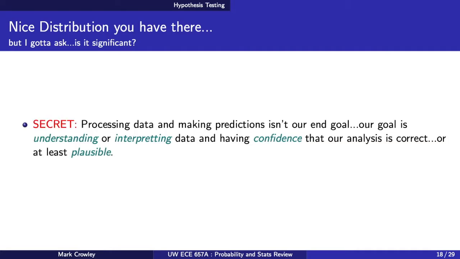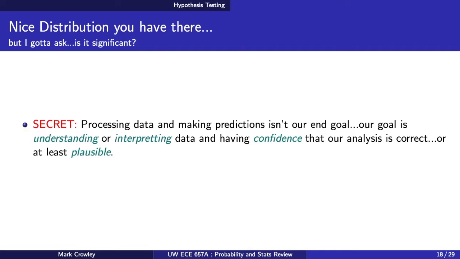Next slide. So why do we need to talk about the significance of our result? Not really a secret, but something to remind yourself every once in a while, that the processing of the data and making the predictions and getting the classification, even having a high accuracy on some test, which is something you'll be focusing on in the assignments, you hit a particular metric, high accuracy say, and that's great, but is that the end goal?